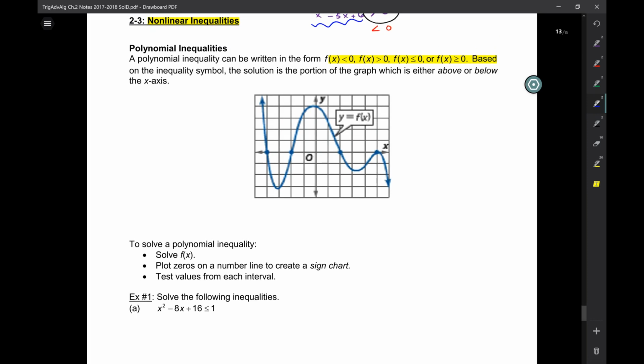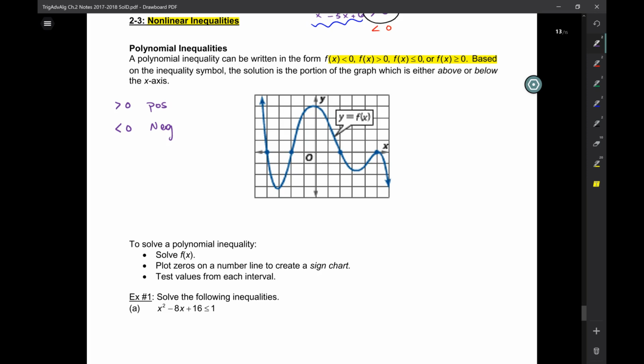Well, greater than 0, what are your numbers greater than 0? Like 1, 2, 3, 4. What are your numbers less than 0? Negative 1, 2, 3. Exactly. So when we say greater than 0, we mean the positive numbers. When we say less than 0, we're talking about the negative numbers.